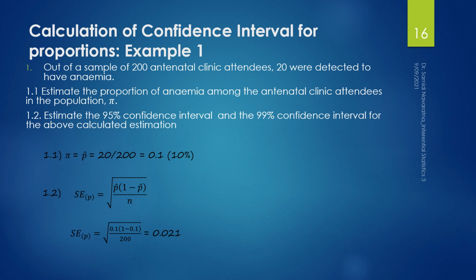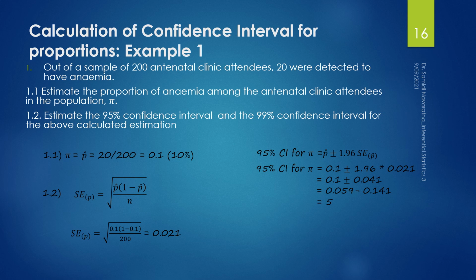So using this estimate for the standard error, let's calculate the 95% confidence interval. This is the equation. And the answer is 0.059 to 0.141.